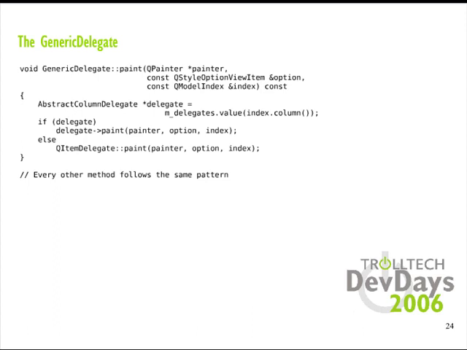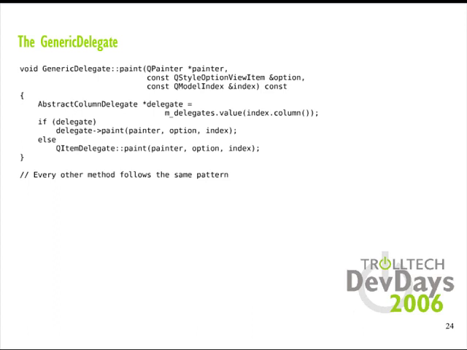There is one, it's been set, in which case we get its pointer and we say, column delegate, you do the work. The other possibility is it hasn't been set, in which case we say, base class, you do the work. So the generic delegate does nothing itself. It just passes on work. It passes the buck every time.